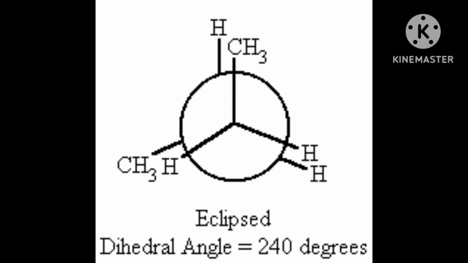From the general formula CnH2n for alkenes, if n is equal to 1, what will be the first member? CnH2n with n equal to 1 gives CH2, since 2n means 2 into 1. That is the first member, and it is called the methylene group.